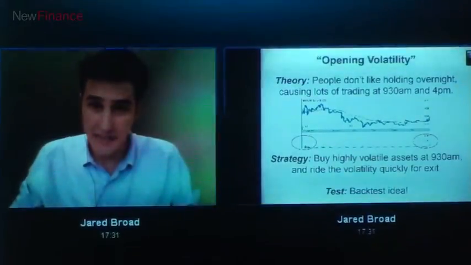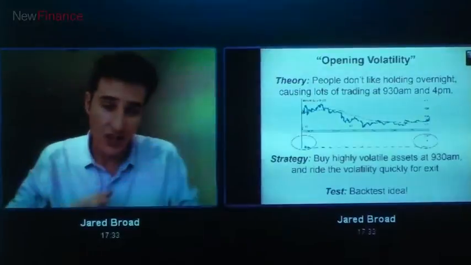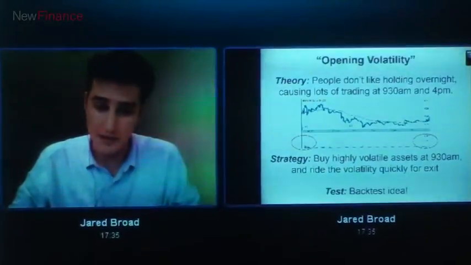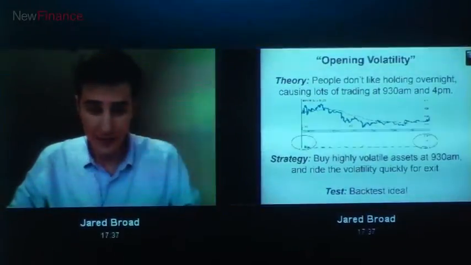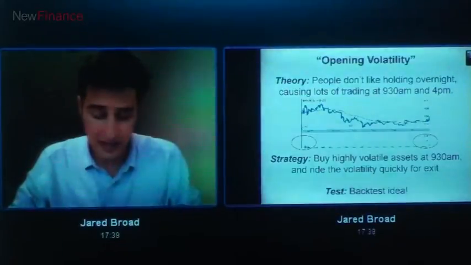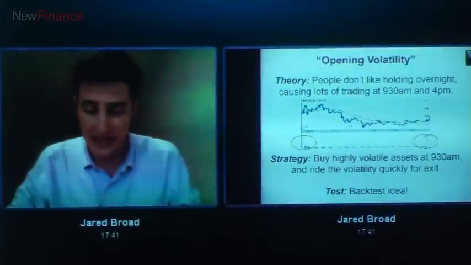And so the idea also was that volatility might give us some indication of people's long-term holdings for the day. And then finally, we spent the next few weeks and we back-tested the idea, and we built in risk control. We made sure that it had very low drawdowns, like I was talking about.